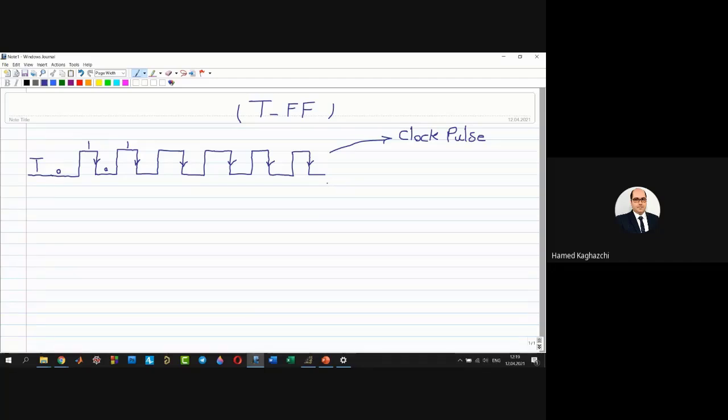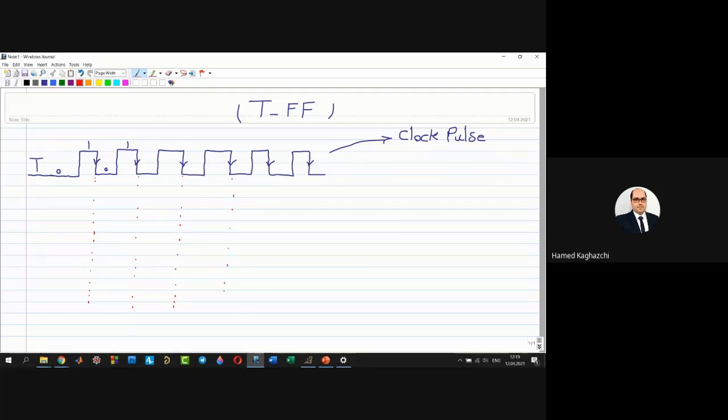Now I said that I can change my output according to this pulse when the clear signal is 0.